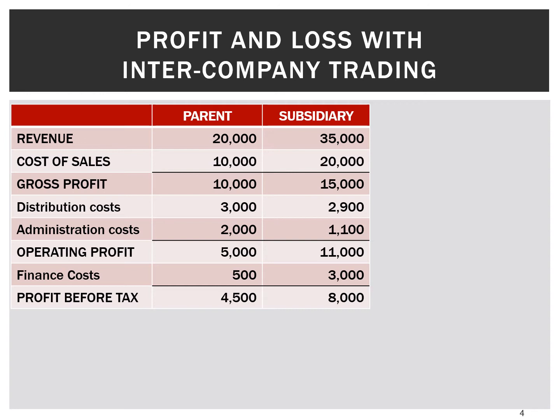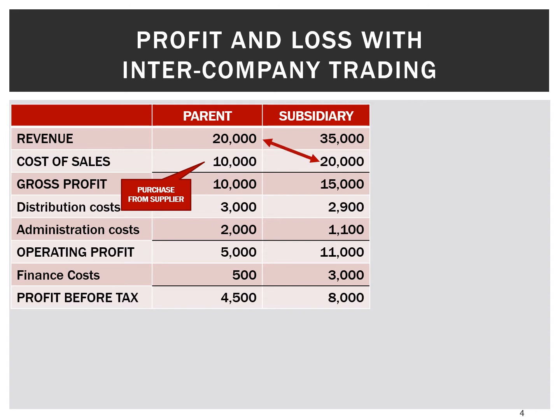If we look at the parent company, the £10,000 in cost of sales represents the costs of goods purchased from an external supplier. But the parent company has then sold those goods to the subsidiary company for £20,000.